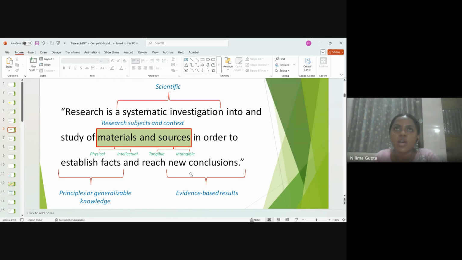Just to give you an example, let's say we are doing a research on climate change, and there is a relation between climate change and the health of the people. Because of climate change, there is a lot of air pollution. People are not able to breathe properly. Their lungs are getting damaged.